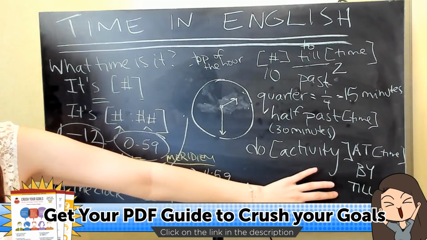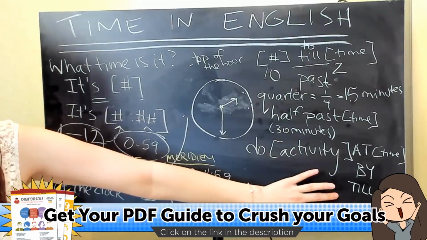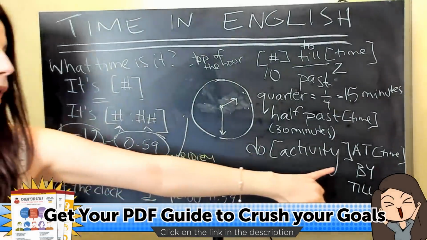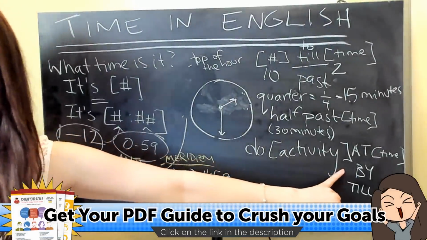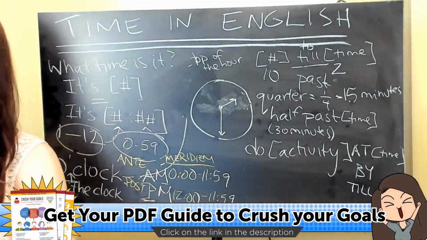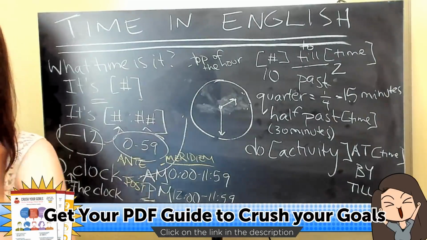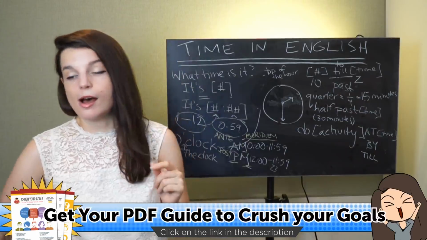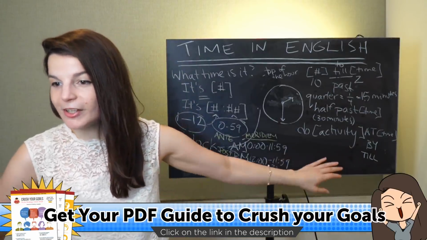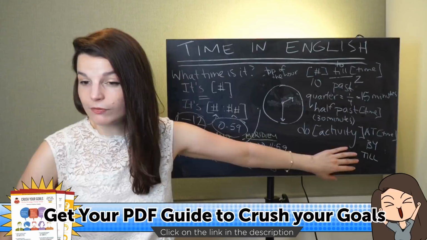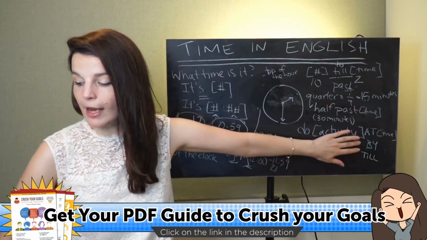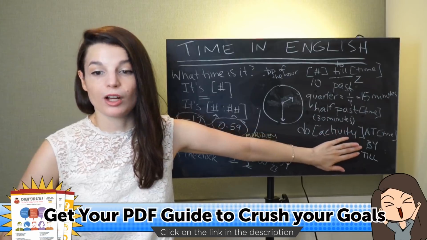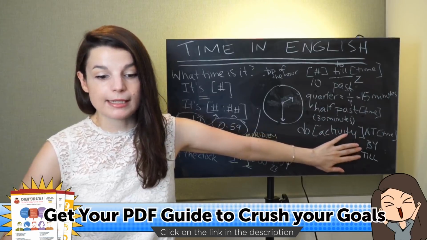By is used to talk about a deadline, but until is used for a continuing action, something that's continuing and then might change in the future. I don't have much time and it's hard to show, but till and until are often confused with by. So I recommend checking the by versus until video on the YouTube channel for more details about this point.